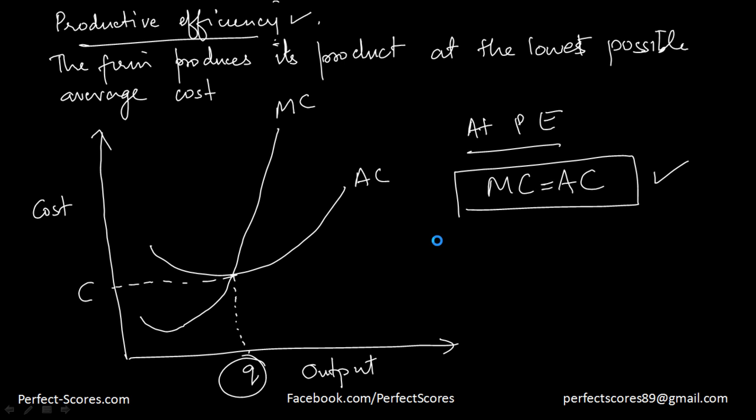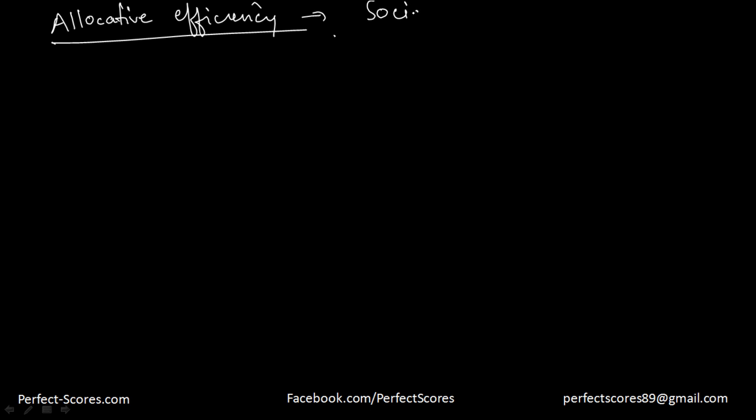Now let's define allocative efficiency. Allocative efficiency is also known as the social optimum level of output.